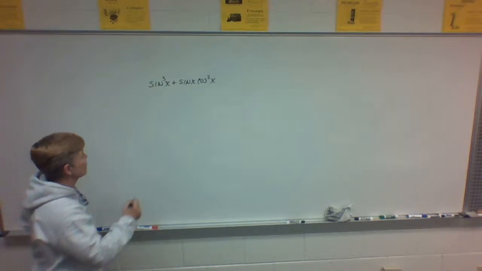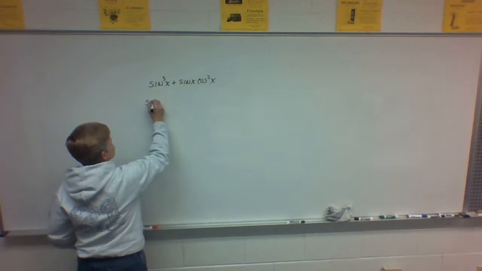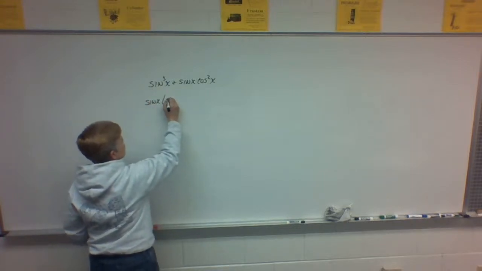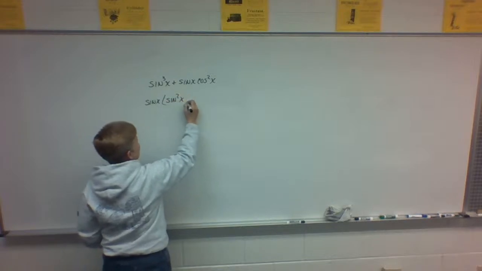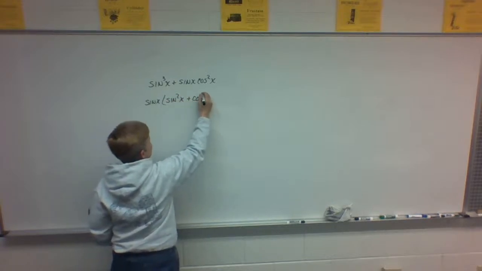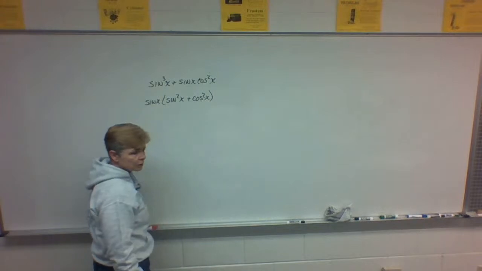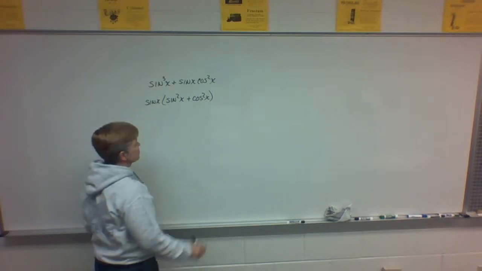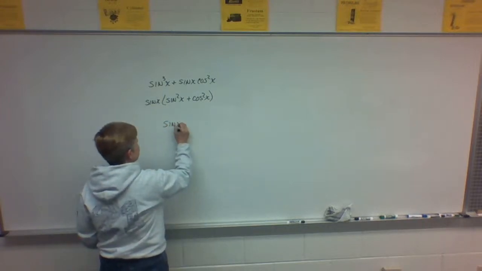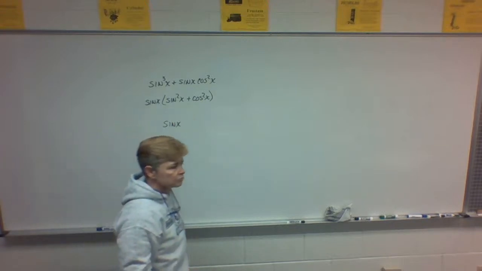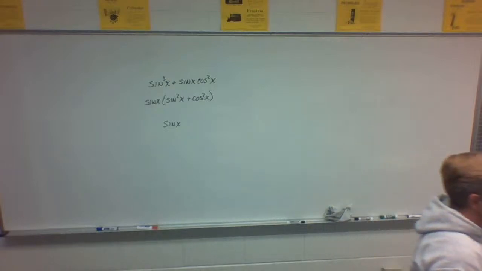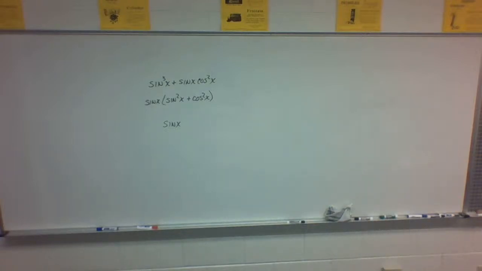What do we take out? A sine. What's left? You all see that's what's left when we take a sine out of both terms? You good? Well, that's sine. Why? Because that's 1. That's your identity application. Sine squared plus cosine squared, which is left on the inside. That's 1. Cosine x, just sine x.